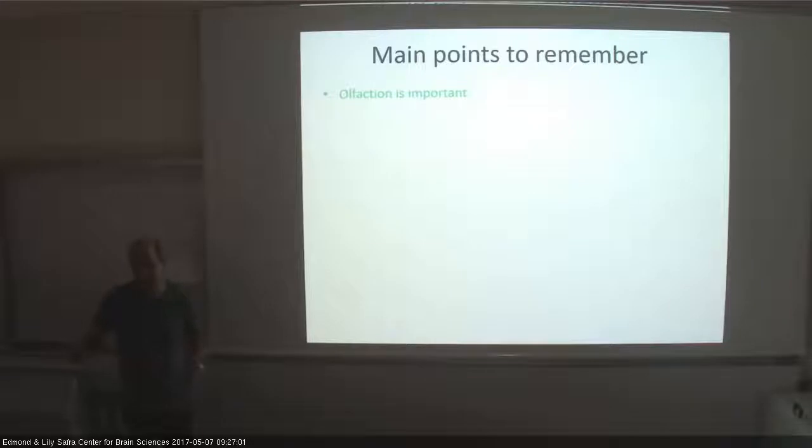Yes, it is. We don't exactly know how odors are really represented, but the evidence that we have suggests that the representation is some distributed pattern of activity of a specific subset of pyramidal cells. This is our current understanding.